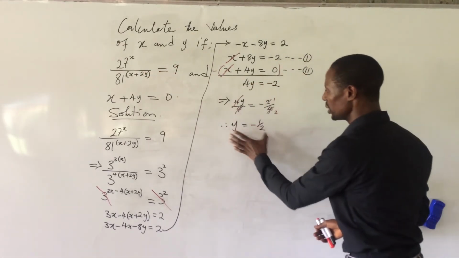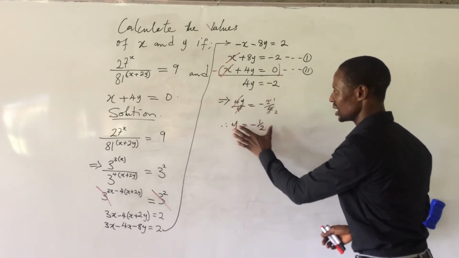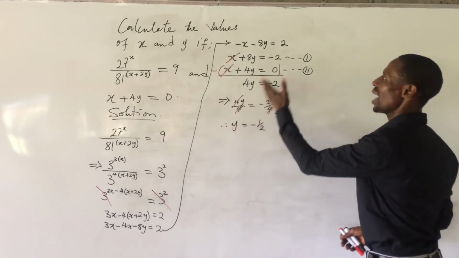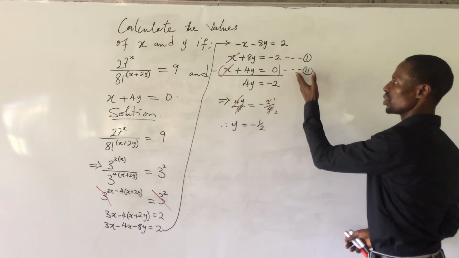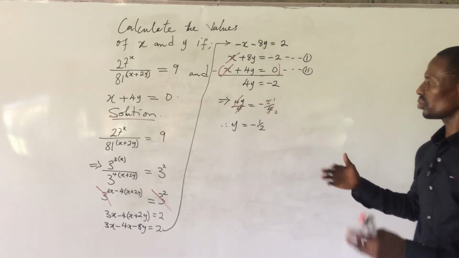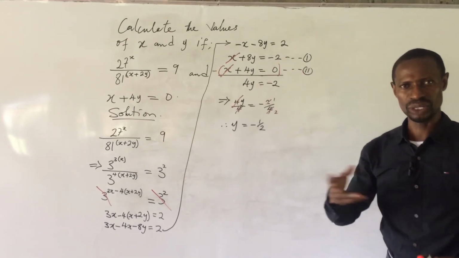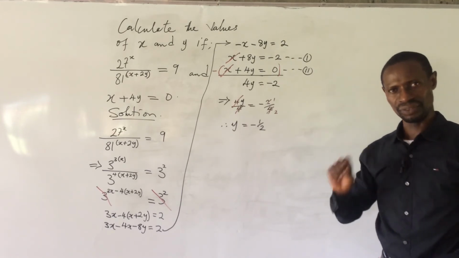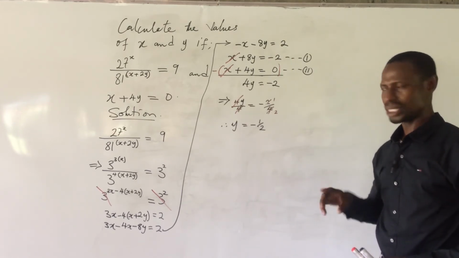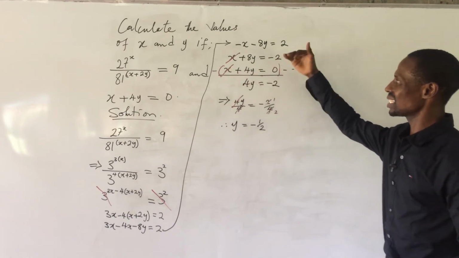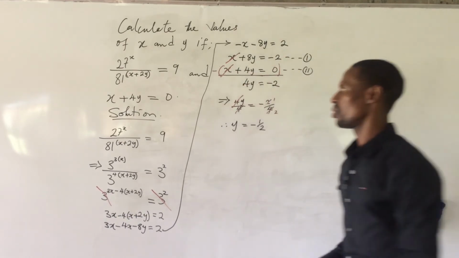So we can now input this value of y into either equation 1 or equation 2. Now, if we look at the two equations, the simplest one is the one where you input the value of the first variable you've gotten. Equation 2 is simpler than equation 1.